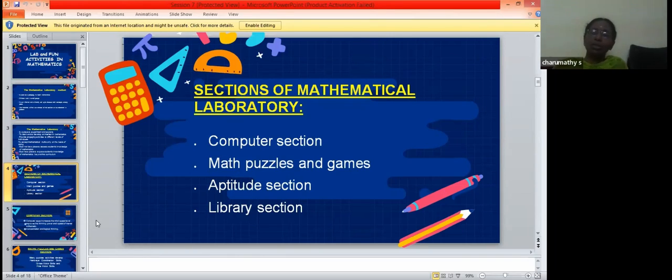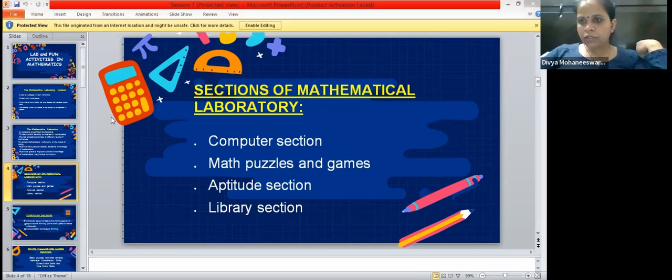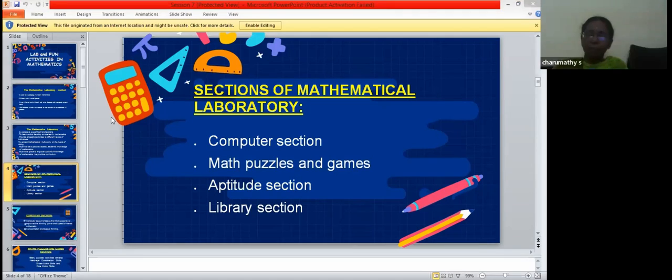Then the aptitude section. So what is the aptitude section of it? Is there any idea? Aptitude is something which is internally there. Yes, ma'am. Right. Mental maths. Yes, something like mental math.